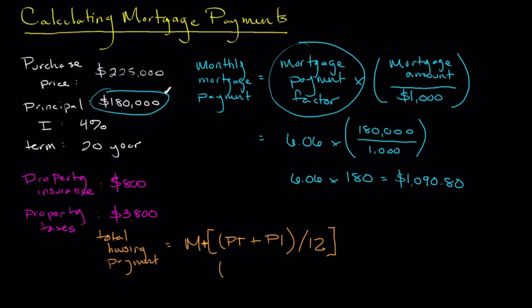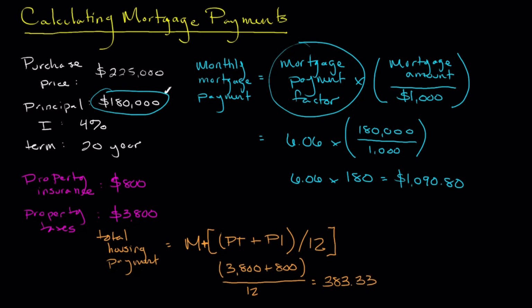So moving down, our property taxes are $3,800. Our property insurance is $800. And we're going to divide that amount by 12, which will get us $383.33.